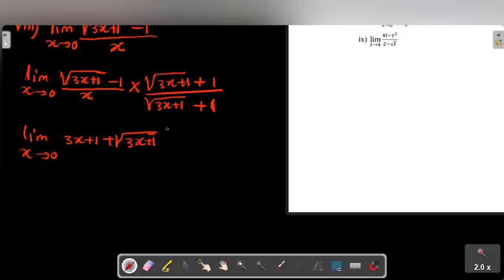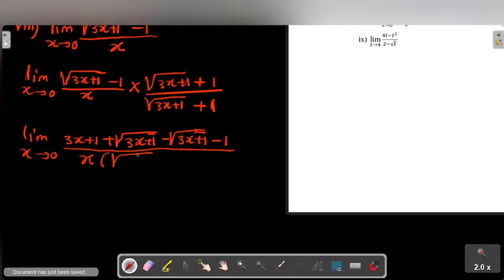Then negative 1 times root of 3x plus 1, it will be negative root of 3x plus 1. Then negative 1 times 1, this will be negative 1. Then we are going to say over x, open bracket, root of 3x plus 1 plus 1. That's what we have there.